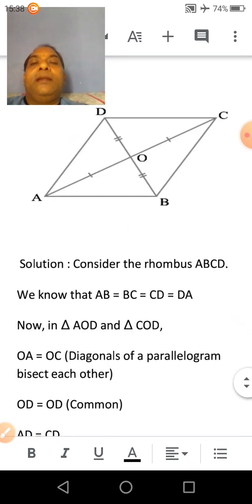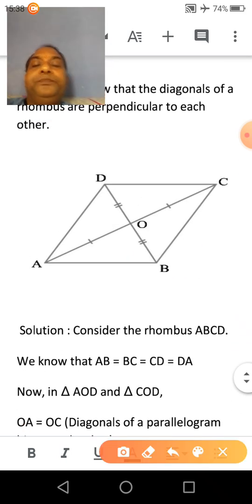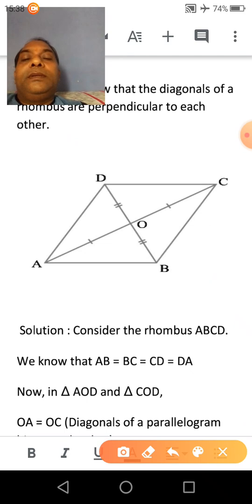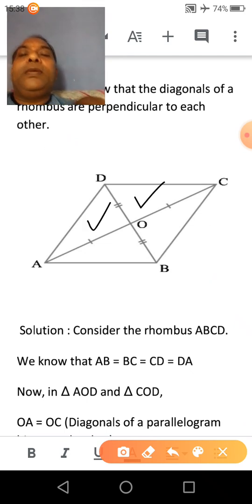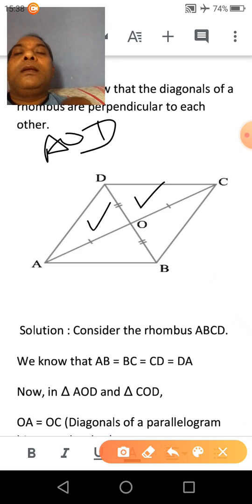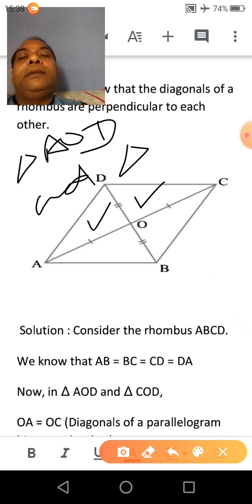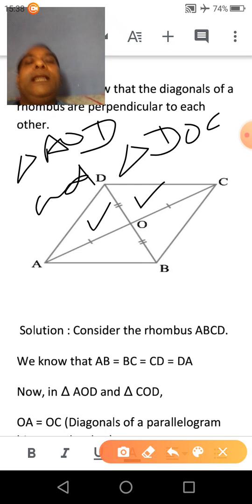Clear? Now see it again. You have to consider these two triangles, triangle AOD and triangle DOC. Clear?